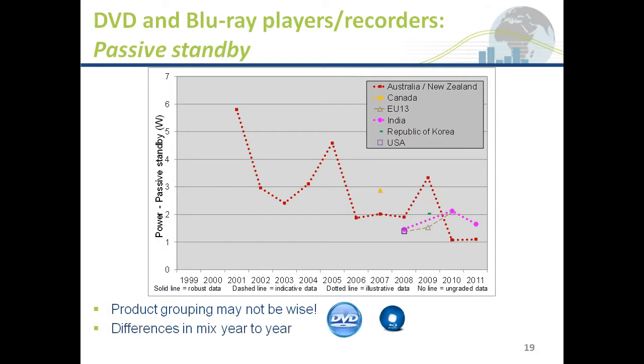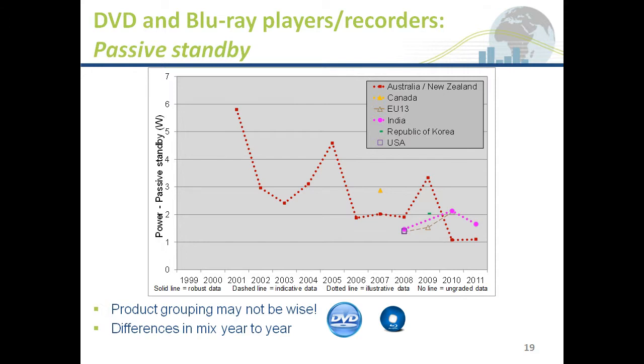We almost certainly are seeing a difference of product types year to year, and we may even be seeing seasonal effects of when in that particular year the testing was done due to the predominance of certain types of product at certain times of year.